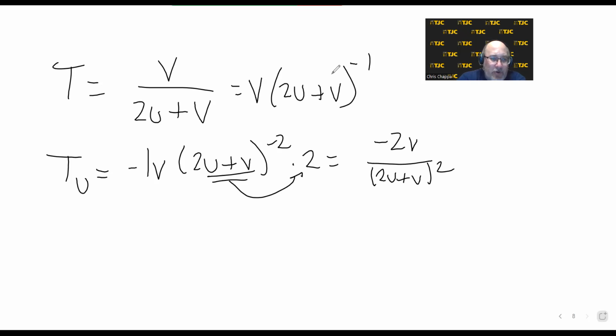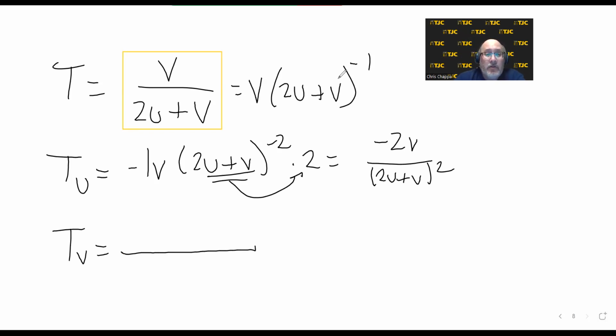And let's go ahead and figure out the partial derivative of t with respect to v. I think I'm going to use the original version of it. Because there are v's on both sides, I might as well just use the quotient rule. Yes, I could bypass the quotient rule by raising the denominator and putting a negative 1 exponent on it, but then I'd be doing the product rule. And if I'm going to do the product rule with negative exponents, I might as well just do the quotient rule on a fraction. Remember, we're taking partial derivatives with respect to v.